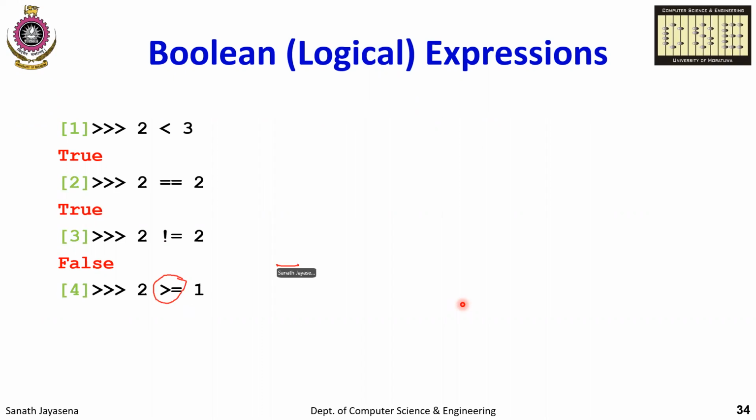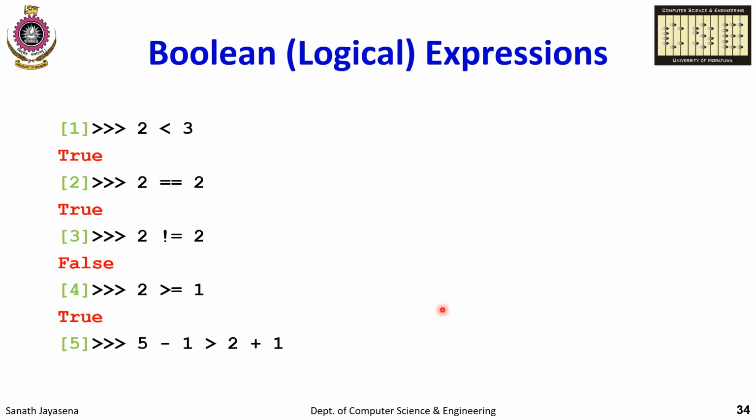You don't write equal and greater like this. Right? Remember, this is wrong. And the correct method is greater than, then equal. Right? This is the correct method. Similarly, you can have a less than or equal to also. But anyway, when you do that, again you get true because 2 is indeed greater than or equal to 1.